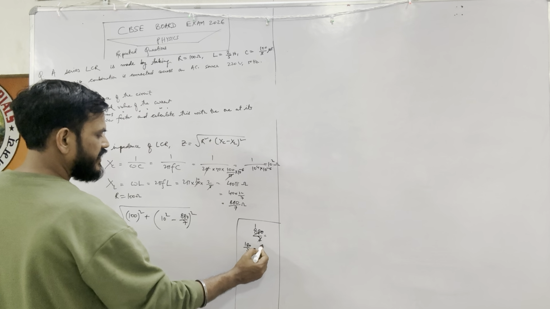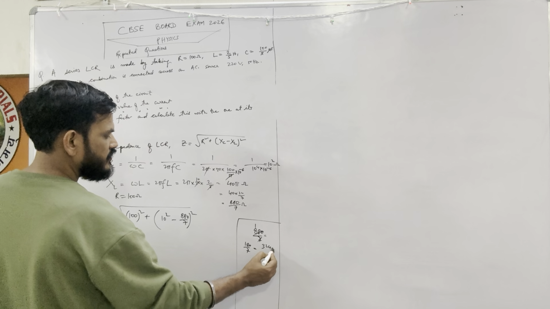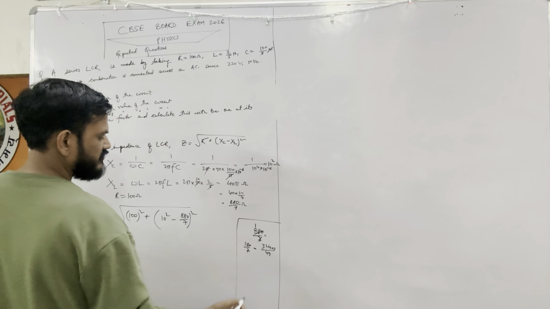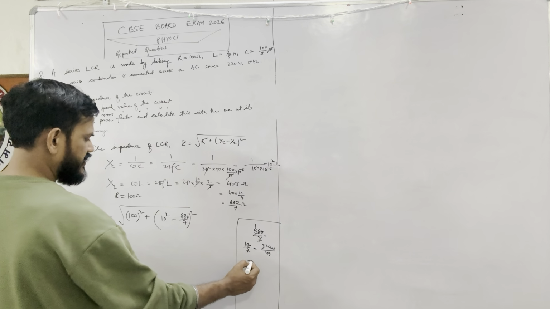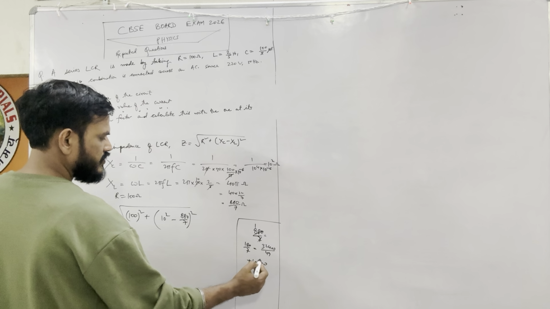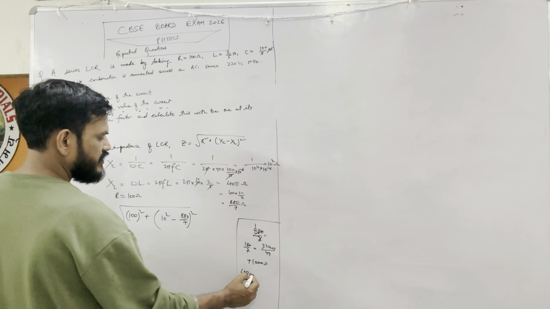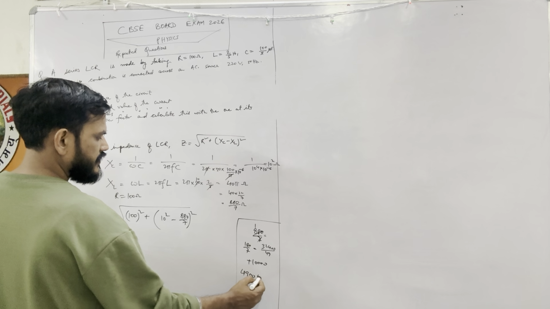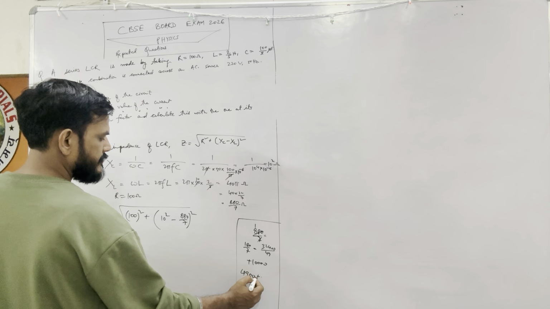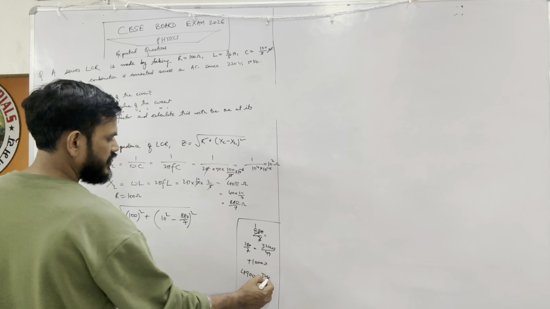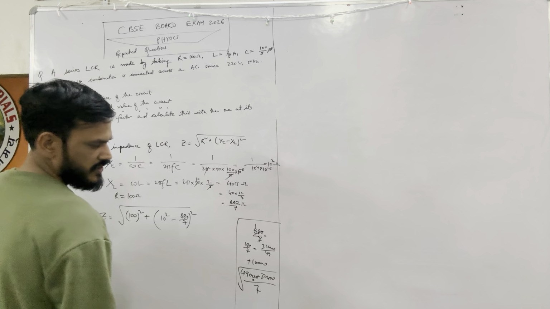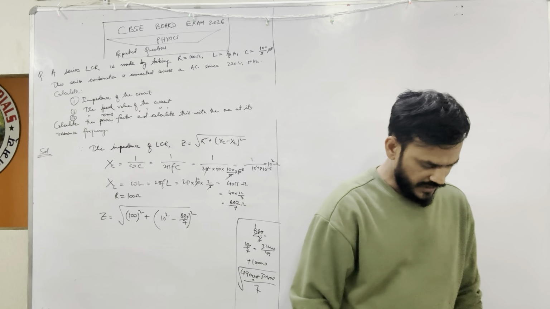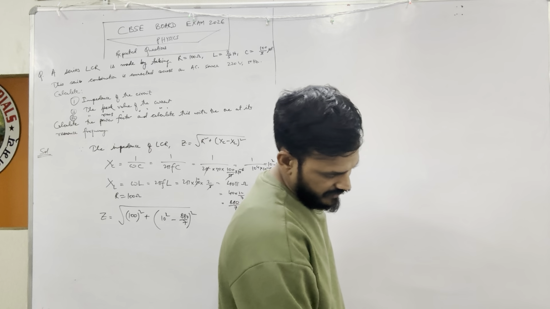So it becomes 180 square is 32400 divided by 49, plus 100 square. So it will be 4900, 32400 divided by 7, and its square root. If you solve this, the value comes out to be 141 point.